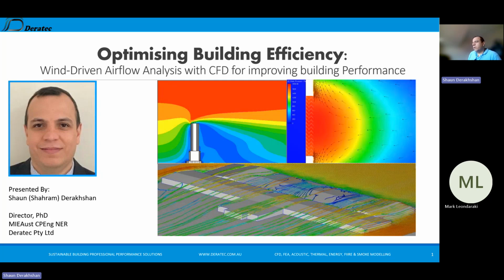So in this webinar, we focus on how to use CFD to improve building performance externally, and what the limitations, challenges, and benefits are.